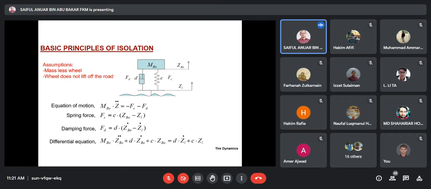But that is only 1 degree of freedom, and there we are referring to applications such as engine mounting, where the engine in the engine compartment is supported by the engine mounting. That is an example of a spring mass system.